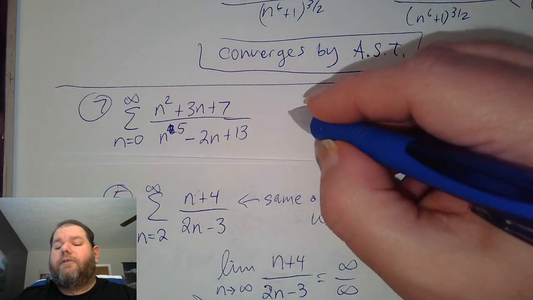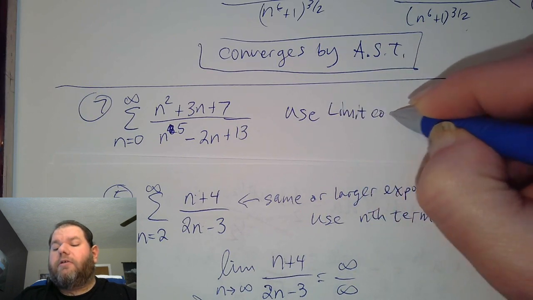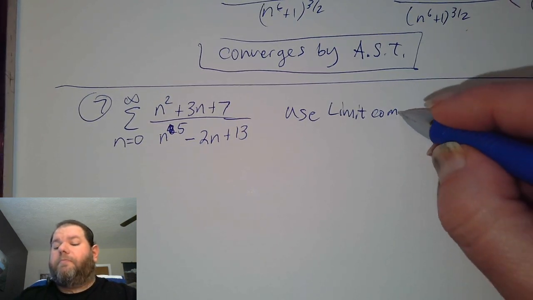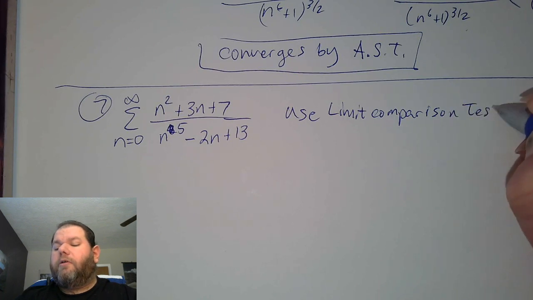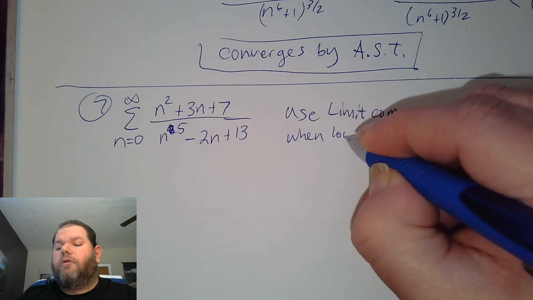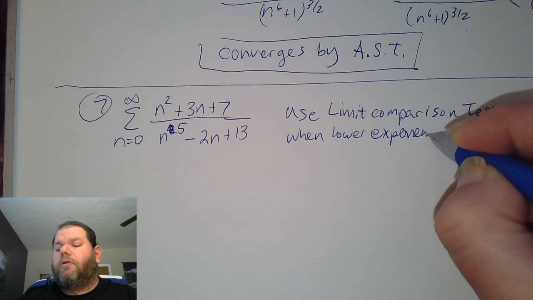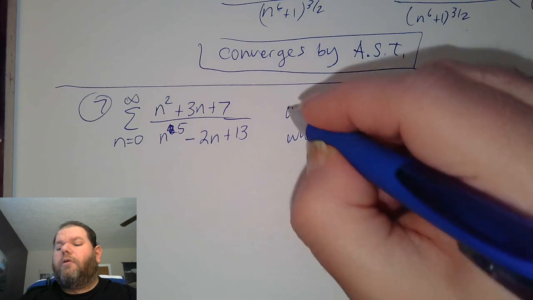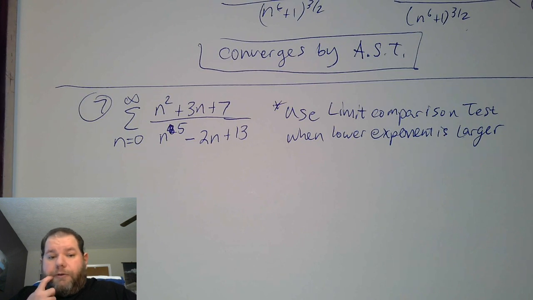In this case, let's use the limit comparison test if the exponent is larger on the bottom. And that's what we can do here.